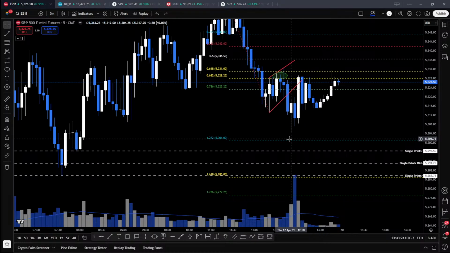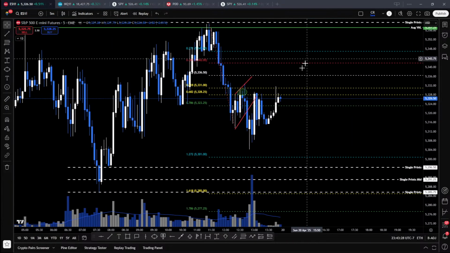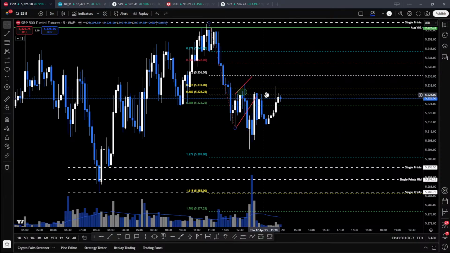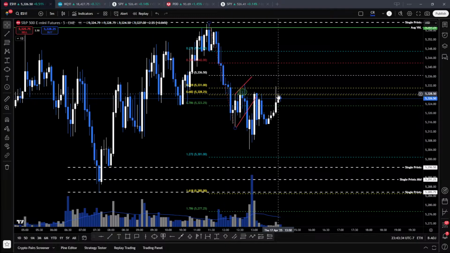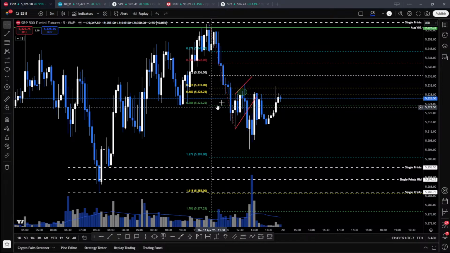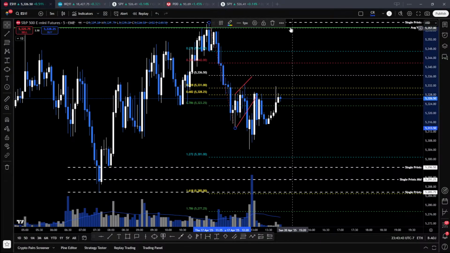It doesn't look like they came down to their target, so this would have been a fake out, like you would get stopped out. I mean, the market closed, so you would have to close your position. You can't swing trade futures, just an FYI.